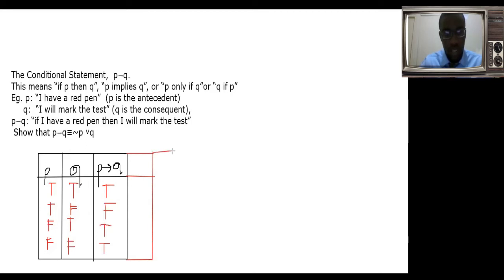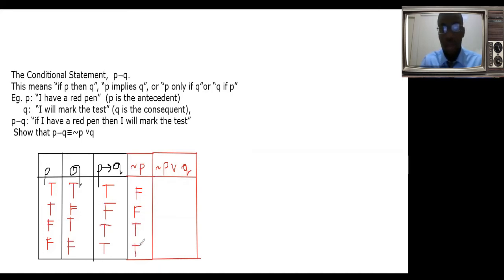Right here, we're just attaching not P, and then this table will be not P or Q. All right, so this is not P, and this is then not P or Q. Not P is going to be false, false, true, true.